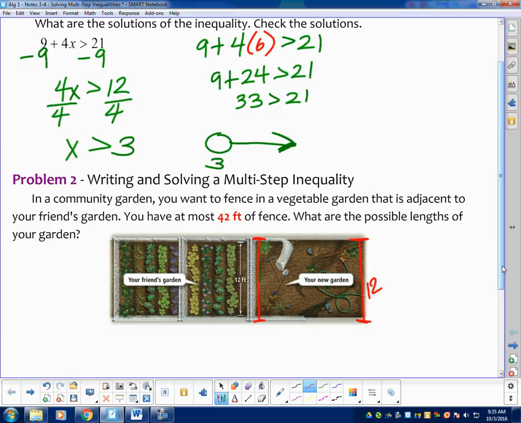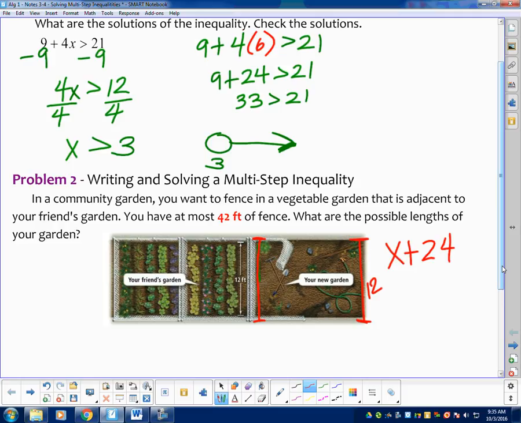If we're building a fence around the vegetable garden, then I'm using the perimeter, right? I'm adding up all the sides. So how much fence have we already used just to get the ends? 24. 24 feet, right? So we've got some number of feet that we can use for our garden, plus the 24 feet that we know we've got to use if we want to keep it adjacent to our friend's garden.